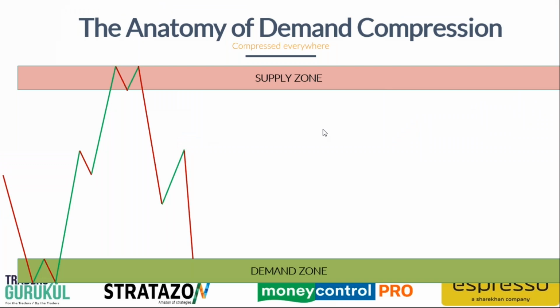Okay. An institution has decided to sell here. Here a very big institution having, let's say, 1000 lots Nifty sell is here. When price comes there, 1,000 lots will be triggered. They can make a killing.